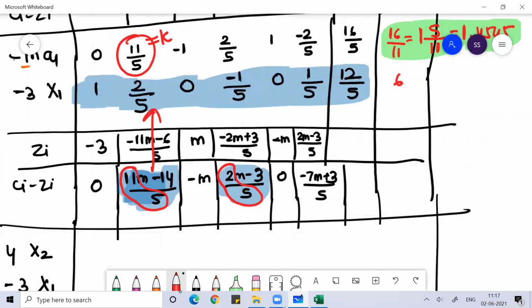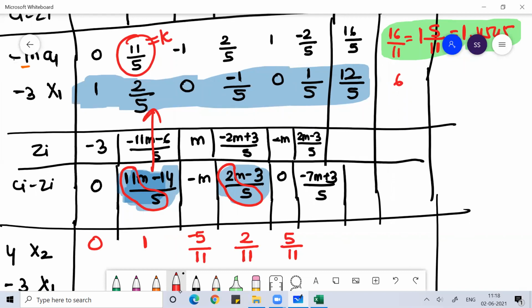So 0 divided by 11 by 5 is 0. 11 by 5 divided by 11 by 5 is 1. Minus 1 divided by 11 by 5 will be minus 5 by 11. 2 by 5 divided by 11 by 5 would be 2 by 11. Then 1 divided by 11 by 5 would be 5 by 11.